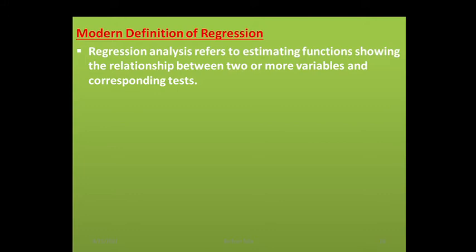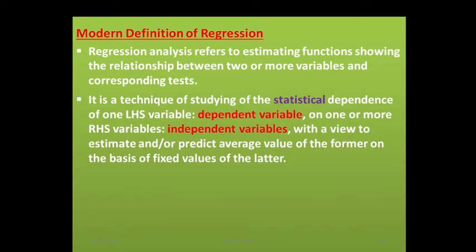It is a technique of studying the statistical dependency of one left-hand side variable, the dependent variable, on one or more right-hand side variables, the independent variables, with a view to estimating or predicting the average value of the former on the basis of fixed values of the independent variables.